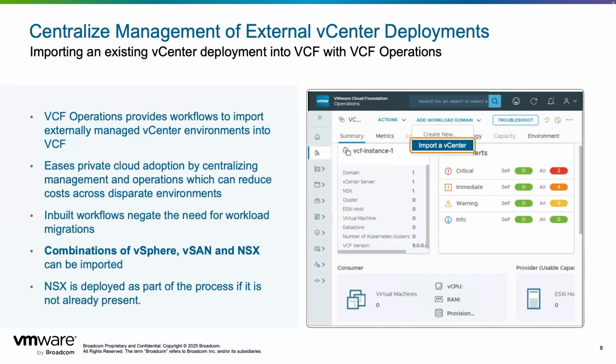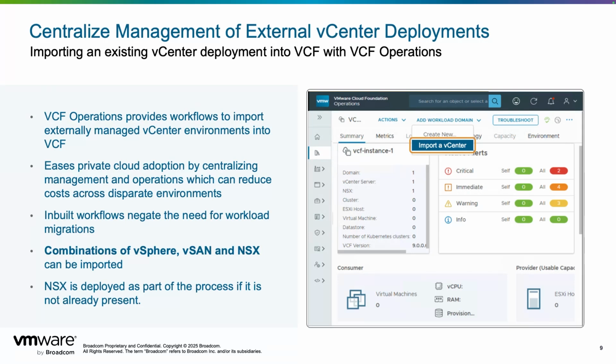The ability to import pre-existing infrastructure into VCF expedites the path to VCF by allowing customers to leverage existing investments while simultaneously reducing costs. In addition, with this capability, customers no longer need to be concerned with having to migrate existing workloads from existing infrastructure to VCF.